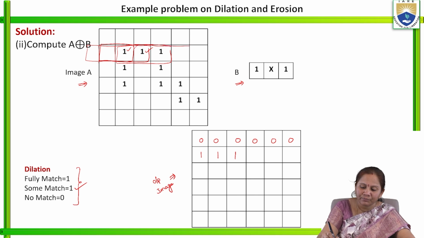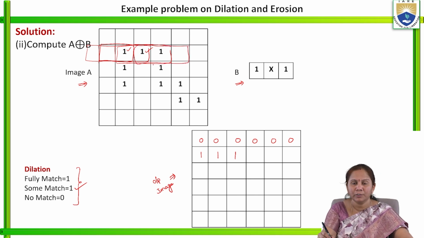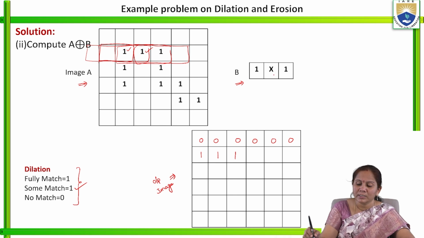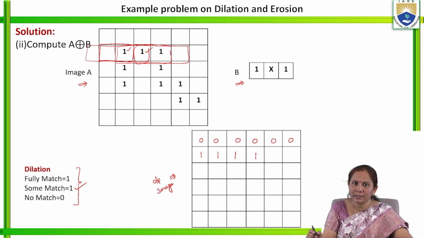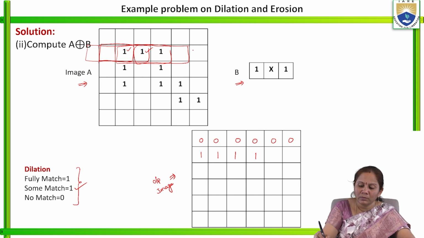So similarly, shifting the structuring element, here there is some match, 1, 1 vacant, here 1, don't care, 1. Some elements are matched, so according to the rules of dilation, put it as 1. Now, if we shift the structuring element like this to find the next value, here 1 is matched with B, so here also the output value will become 1.